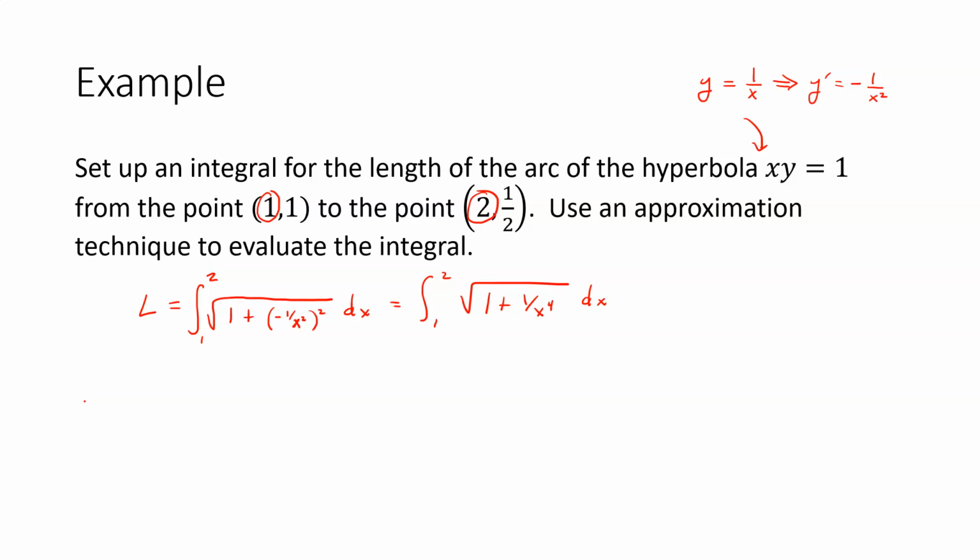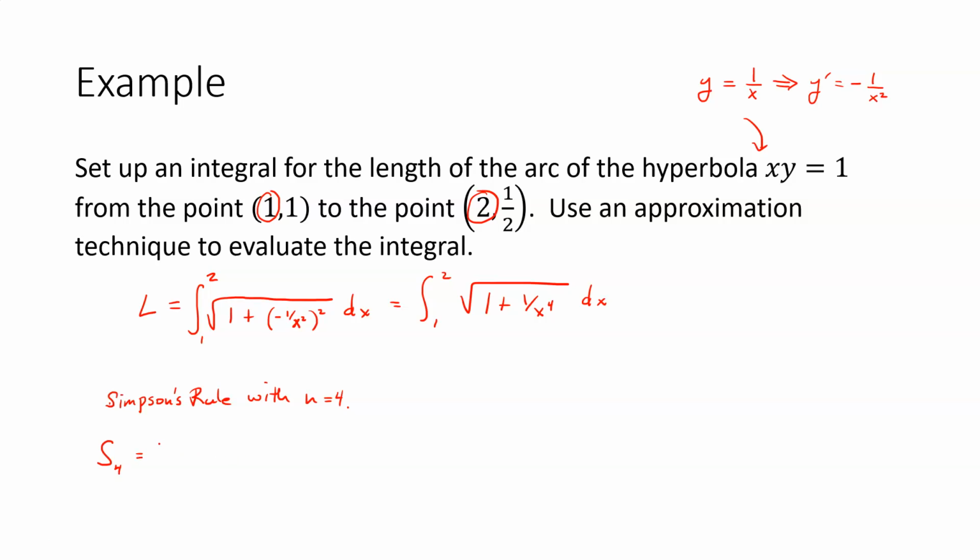I know that Simpson's rule, for instance, is going to give us the most accurate approximation. So let's do Simpson's rule with n equals 4 subintervals. So we'll do S4.